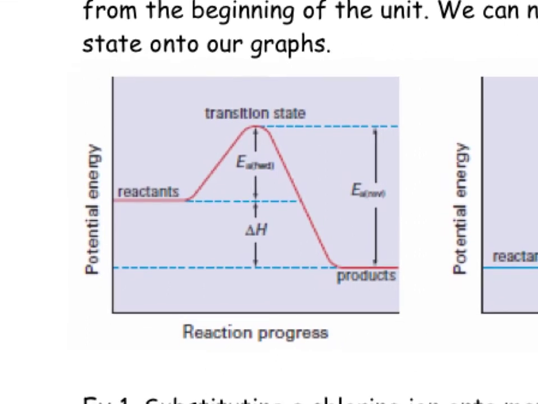Because the reactants have higher energy than the products, this is an exothermic example. The difference between reactants and products is shown on the graph as being our delta H value. All we've done over our previous graphs is just move our products over to the right-hand side, and we've put time on the x-axis.